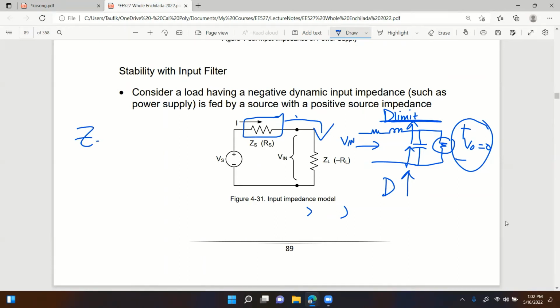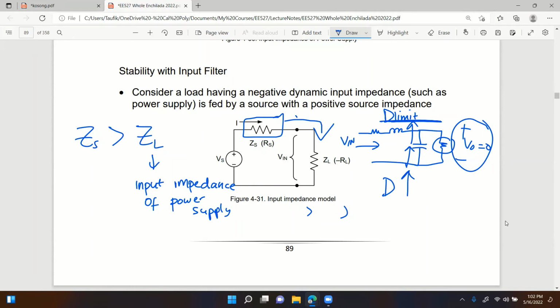So if the source impedance is larger than the input impedance of the power supply, then Vin will not be able to recover, right?